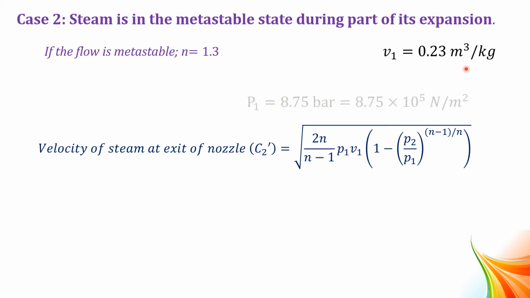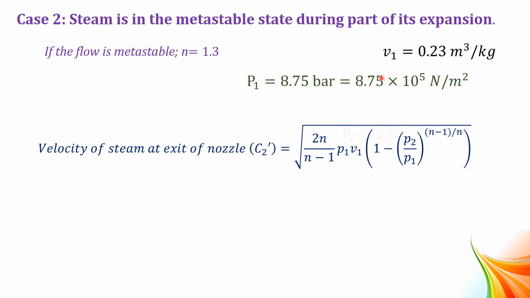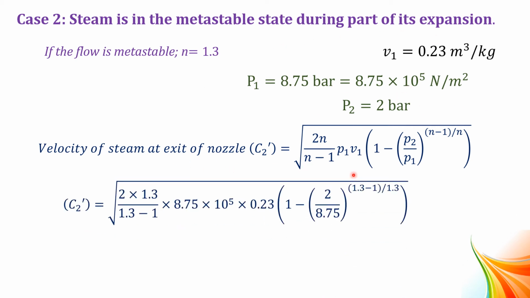V1 value we have obtained from the Mollier diagram. P1 and P2 values were given in the problem. Now substituting these values in the velocity equation, we get the velocity C2 dash equal to 709.54 meters per second. So C2 dash is the velocity of steam when the flow is metastable.